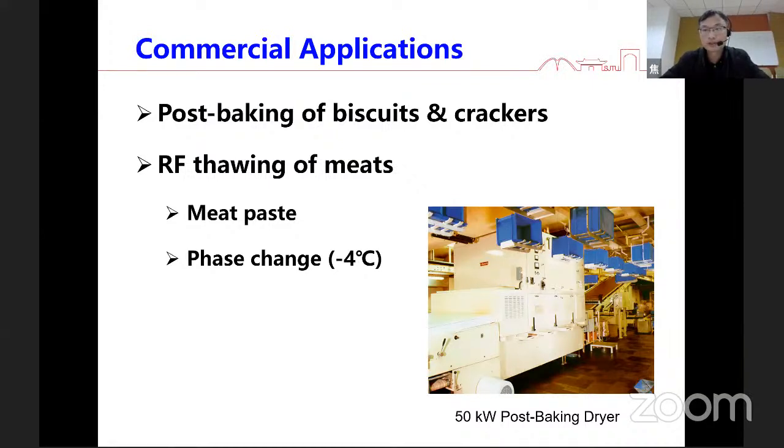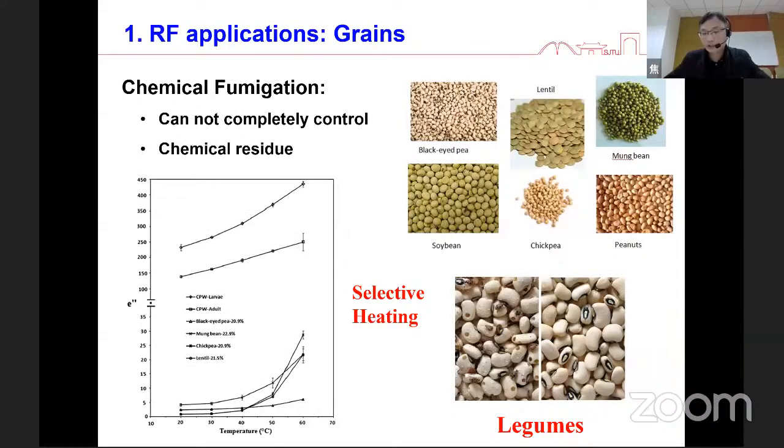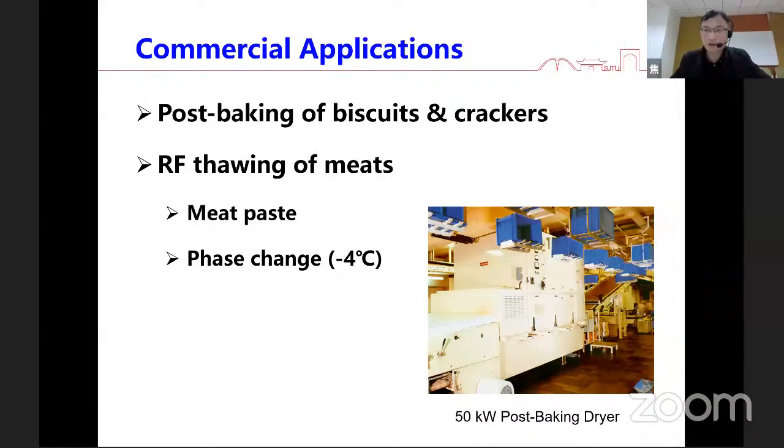You can think about it. Why do we use RF heating as a post-baking method? Since this technology is a volumetric heating method, right? As we know, for the drying process, the first stage of drying is relatively easier since it has very high moisture content at the beginning stage. But in the final stage, it's really hard to remove the moisture, right?